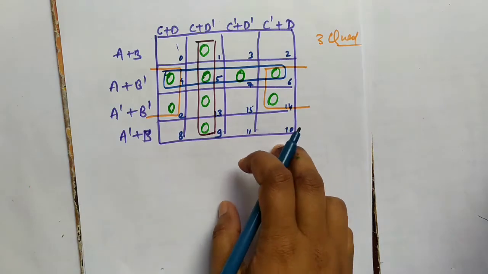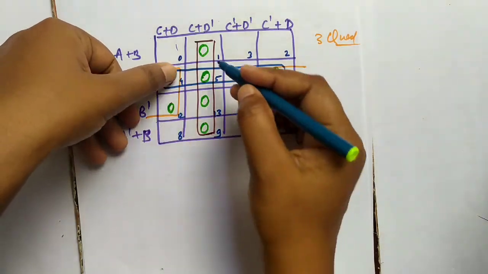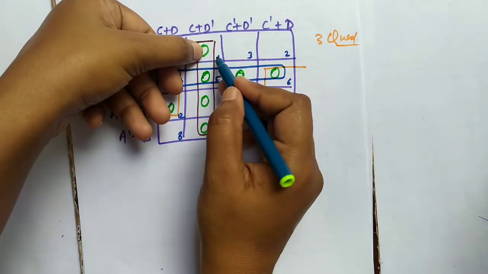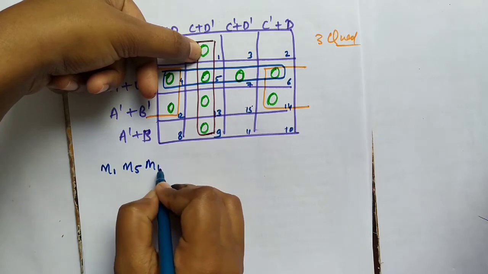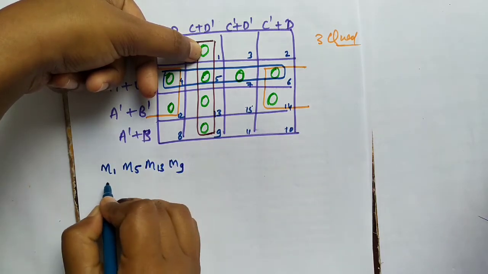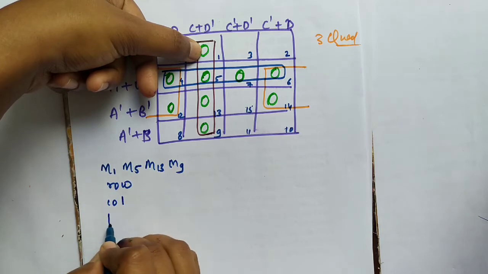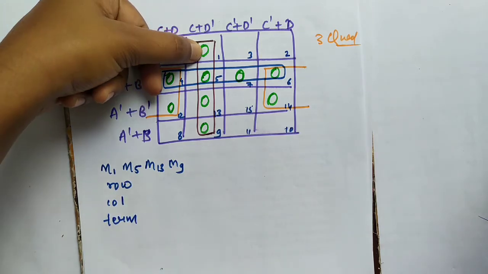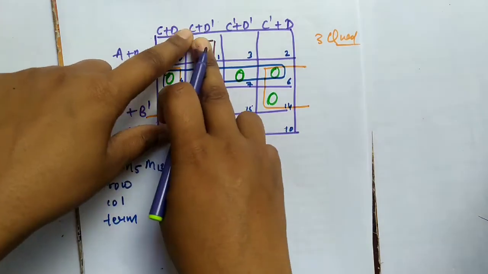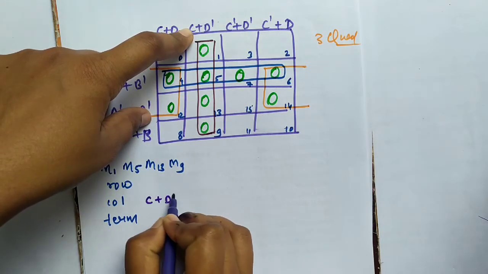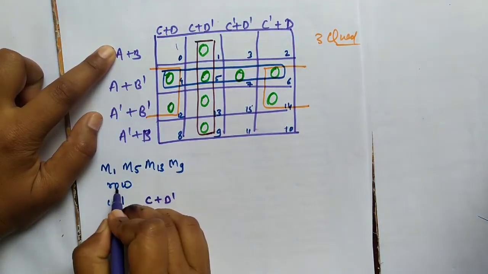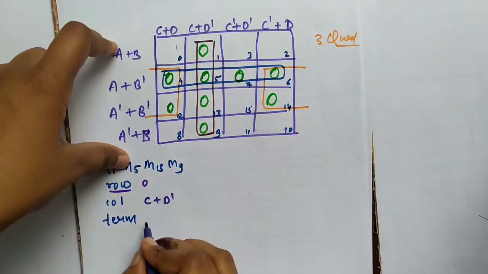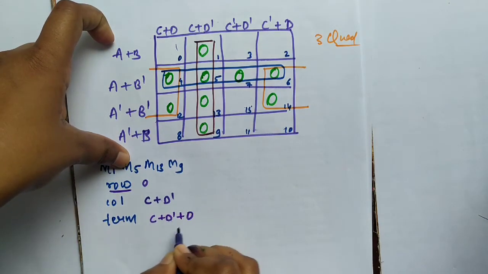So make the first quad, that means 1, 5, 13, 9: M1, M5, M13, M9, for row, column and term. In that column the value is C plus D dash, but in all rows nothing is common, so the row is 0. So the term is C plus D dash plus 0, that means C plus D dash.